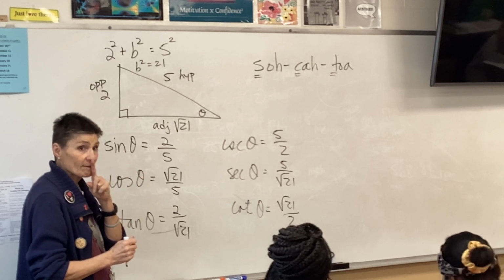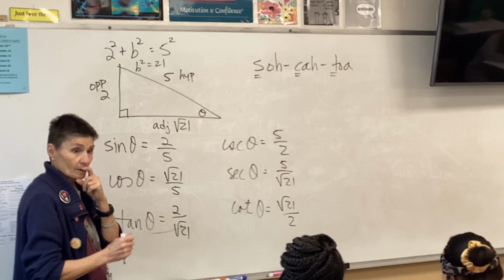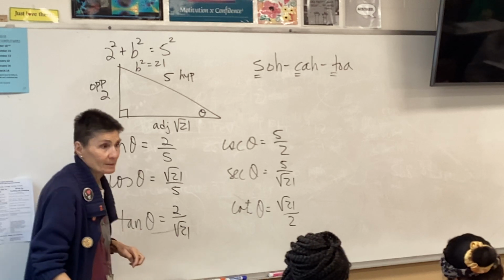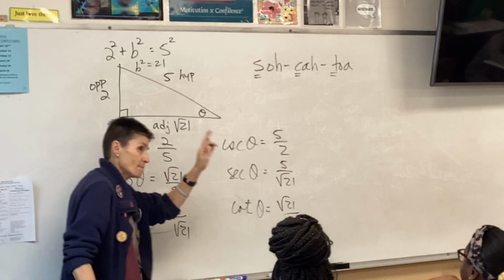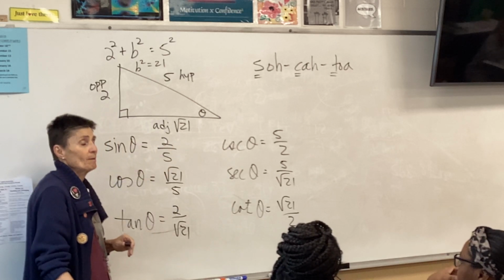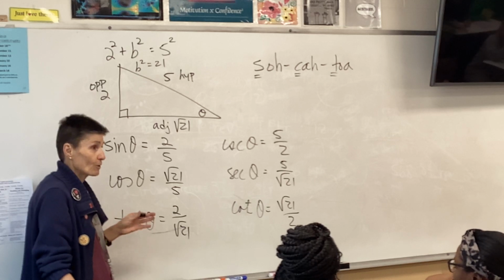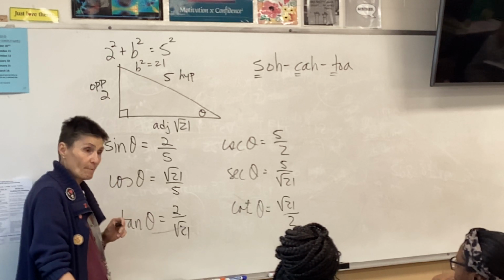Does anybody notice anything about any of these? You're not supposed to have radicals in the bottom. As you grow up and go out into the math world, that's going to become less and less important because your problems are going to get harder. But for now, we're going to rationalize our denominator.